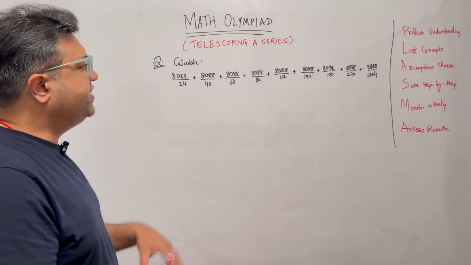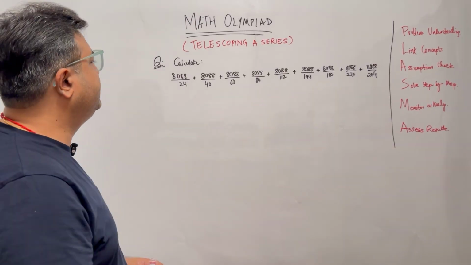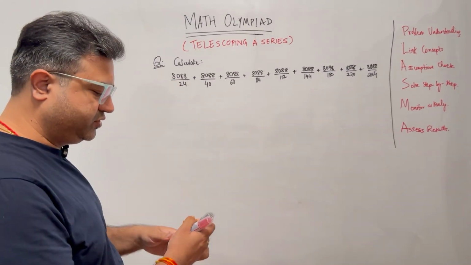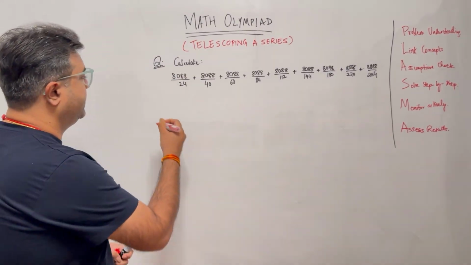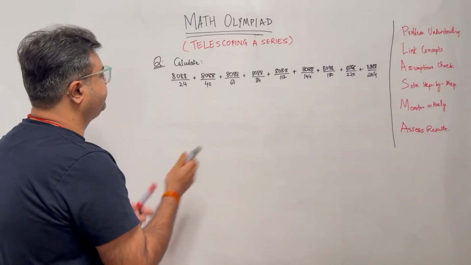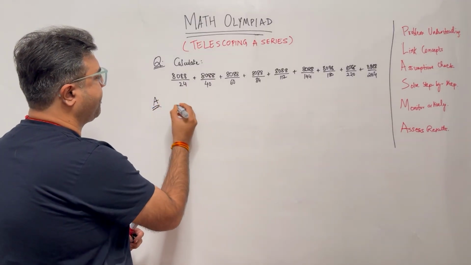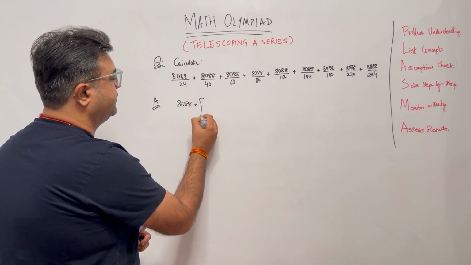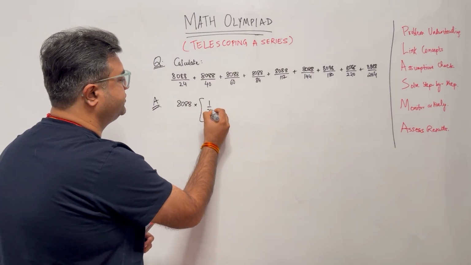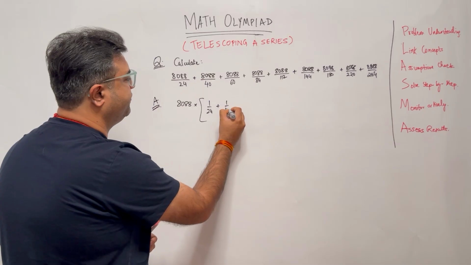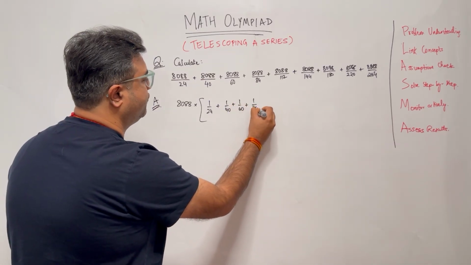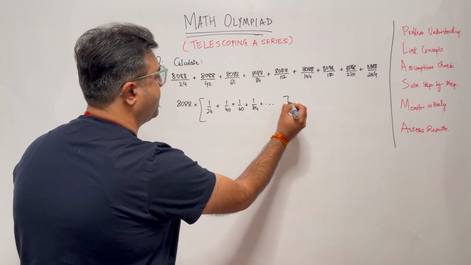When you look at it, the first reaction is always: 8088 looks common, let's take it out, which is right. We take 8088 common, and then we write the whole sum as 1 by 24 plus 1 by 40 plus 1 by 60 plus and so on.